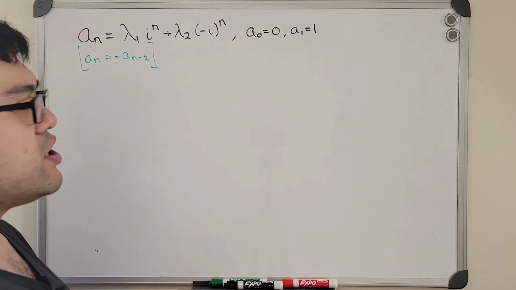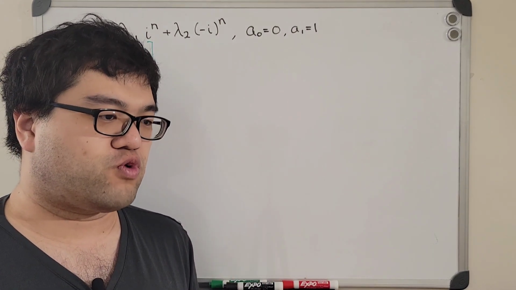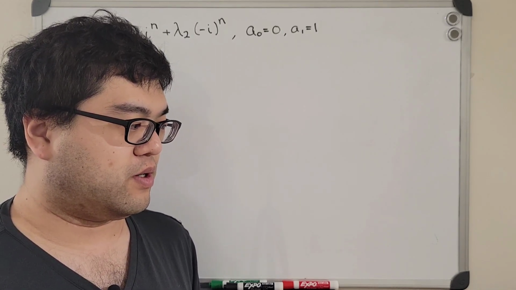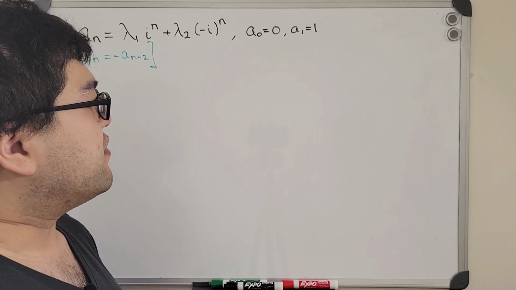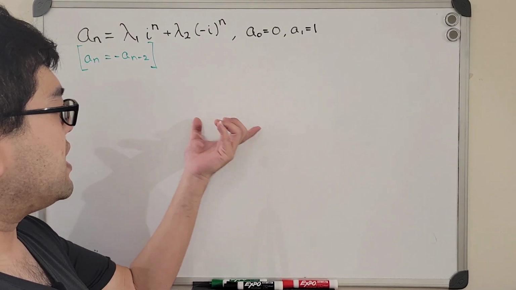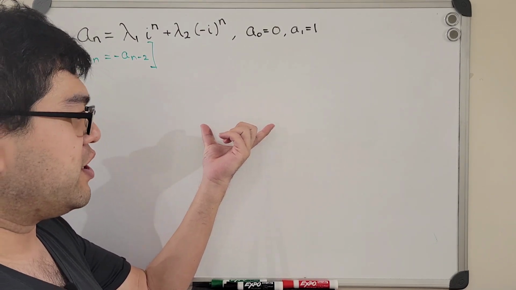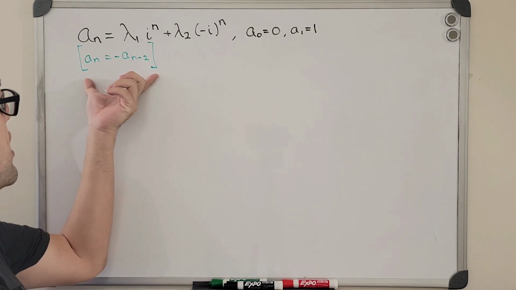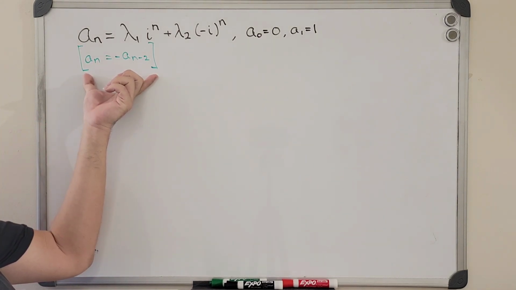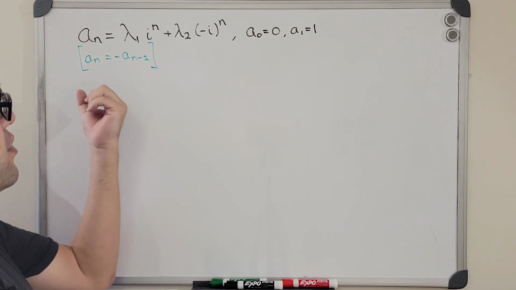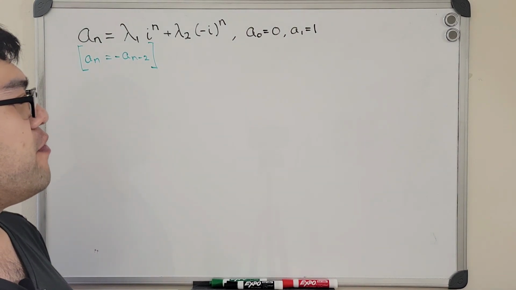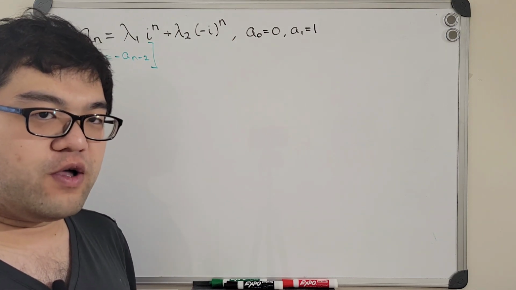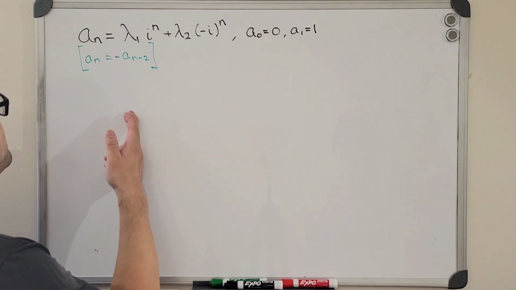And again, you can pause the video and try to work it out yourself and see if it comes out to the same results that we found using the implicit function for the sequence. And if you're ready to move on, let's do it.